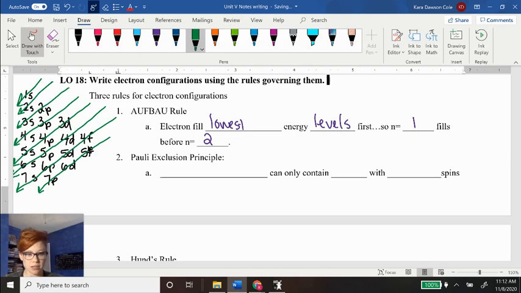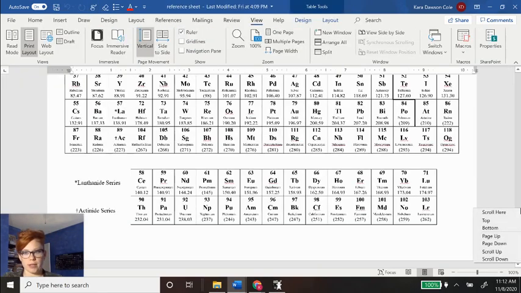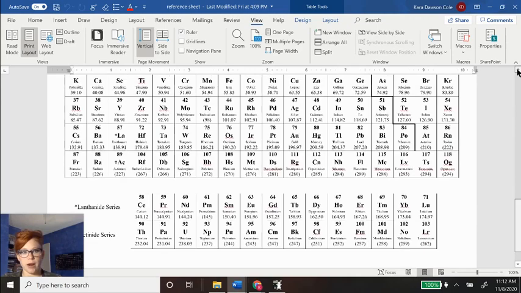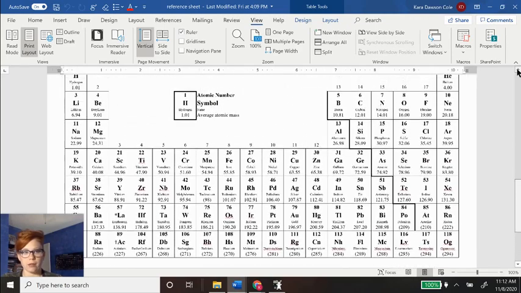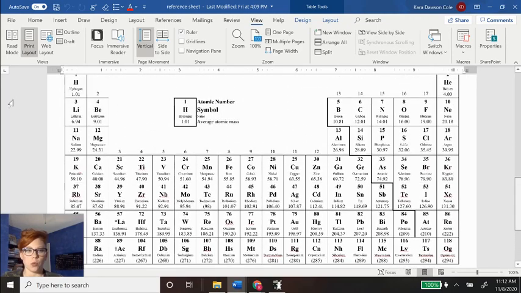Again, this corresponds to the periodic table. So if you go to your periodic table, you can see this, right? So like I have, this is row 1, this is the s block, 1s2 to helium, row 2, 2s2 to beryllium, again, p block over here, 1, 2, 3, 4, 5, 6 to neon.